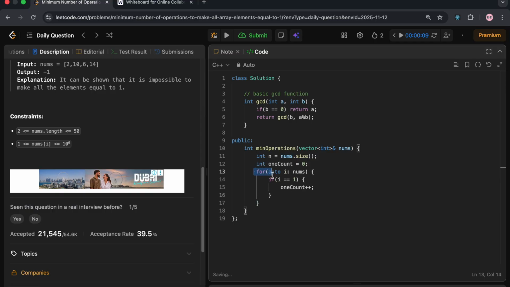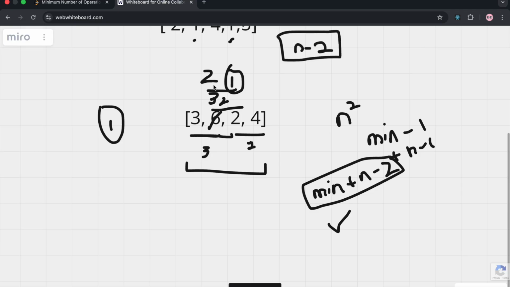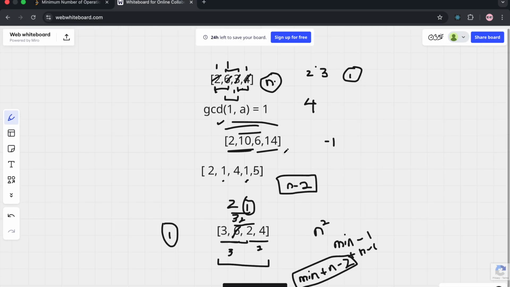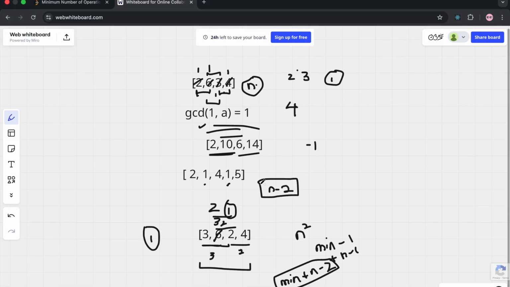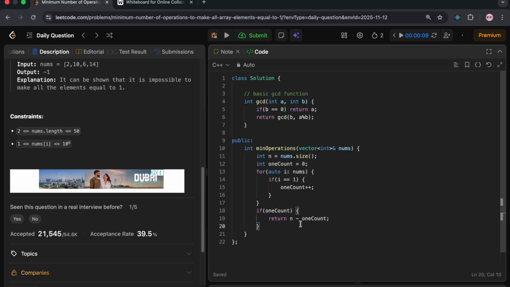We are just counting how many ones are there in the array. If we found any ones, we will just return n minus the count of ones, which I have shown here, so that is this n minus 2, like this. How many ones are there, we will just return it.